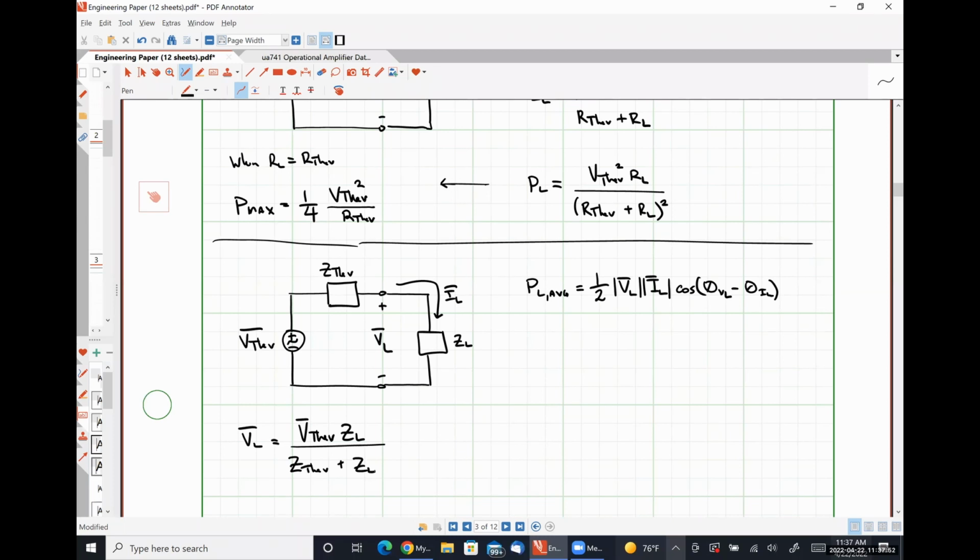What I'm going to do now is break these impedances down into their constituent parts of resistance and reactance. So we're going to look at these impedances from a rectangular form complex number point of view. Okay.